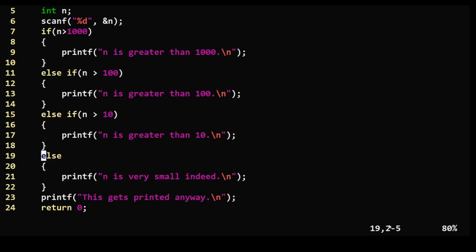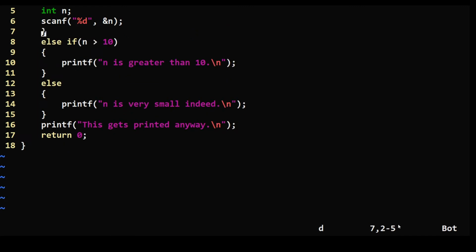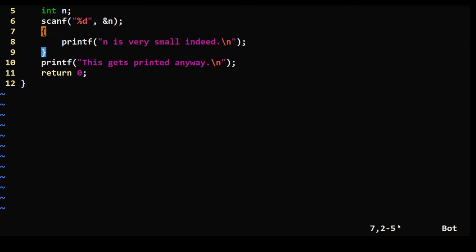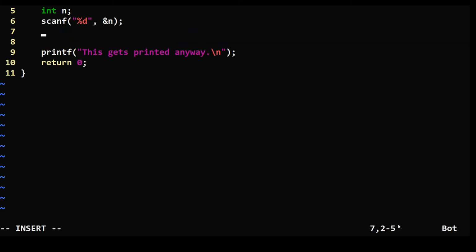So that's the only thing you really need to think of when it comes to if, else if, else if, else. And you can also nest them. By nest, what I mean is you can have an if statement, you can have an if else, and inside each of them you can have an if else again.